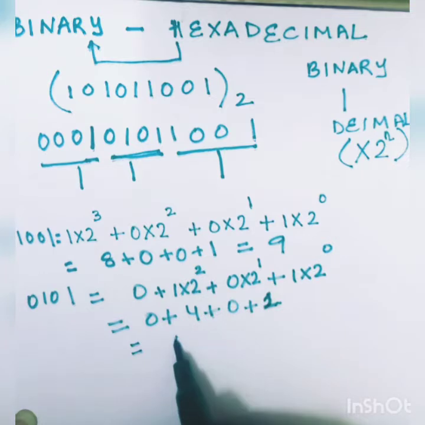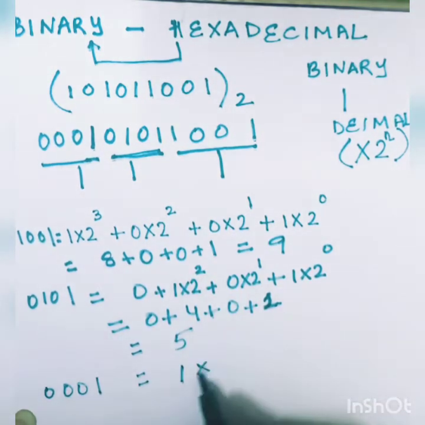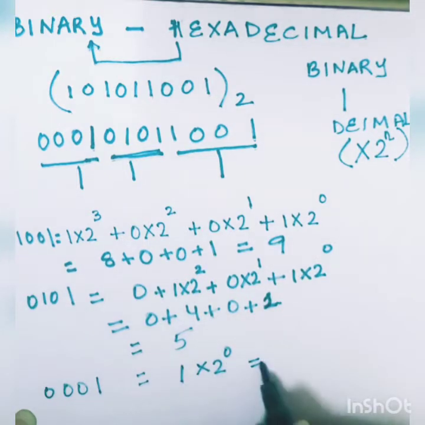And we get from here 5. Right? And the first number 0 0 0 1. So what are we going to get? Obviously we will get 1. 1 into 2 to the power 0, that is equal to 1.